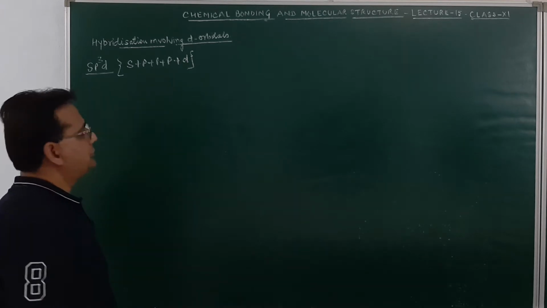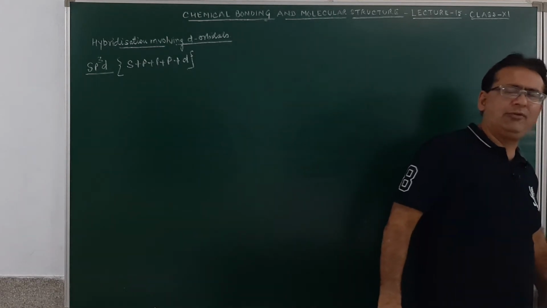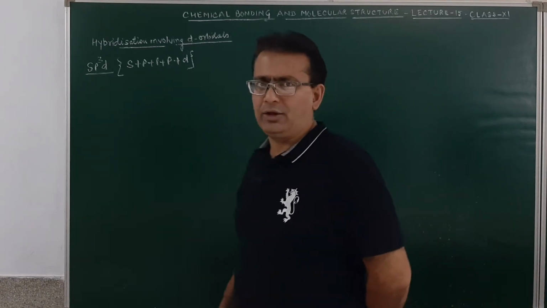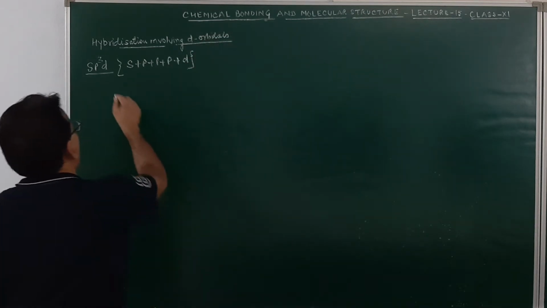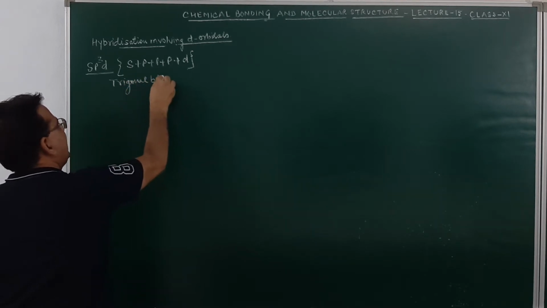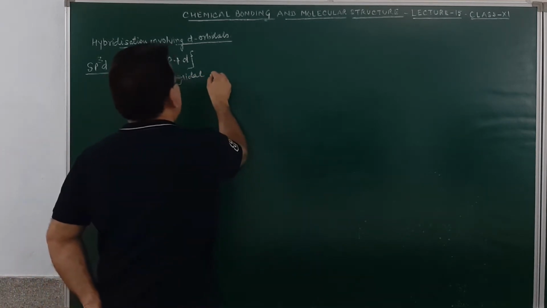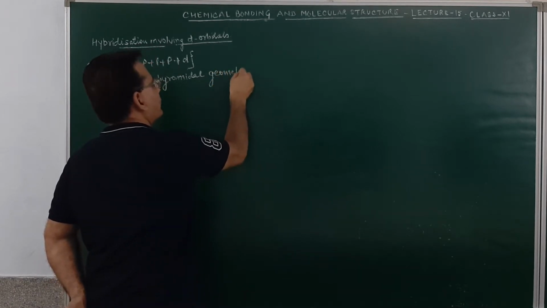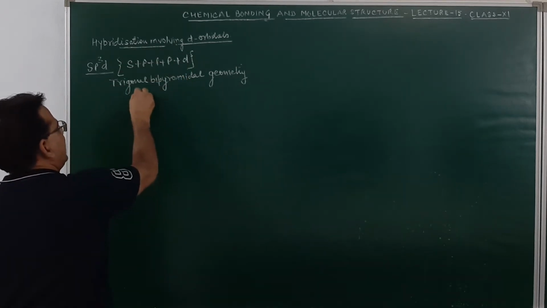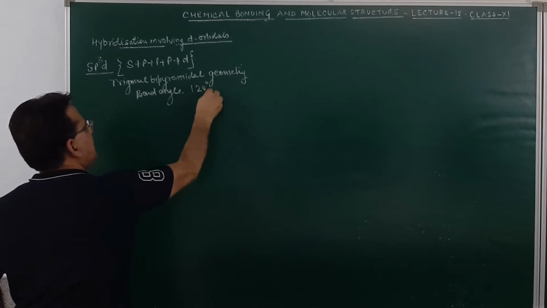So 1s, 3p and 1d atomic orbital will mix together and will form 5 sp3d hybrid orbitals, which will orient themselves to adopt trigonal bipyramidal geometry, with the bond angle of 120 degree and 90 degree.